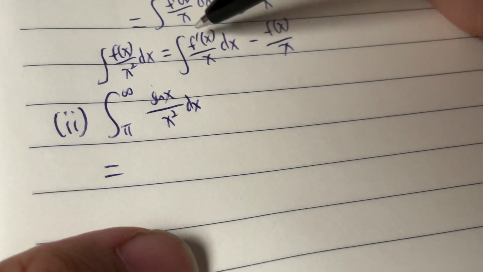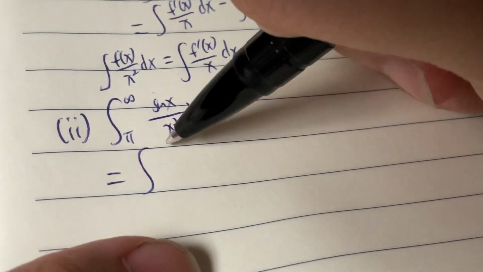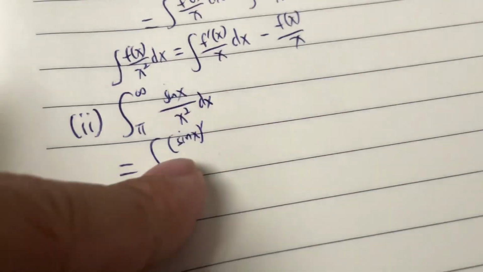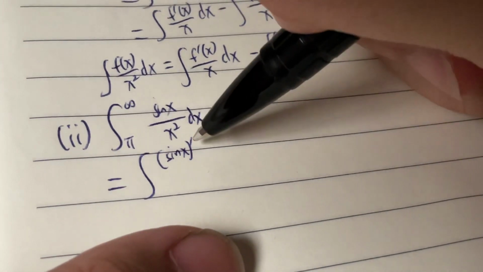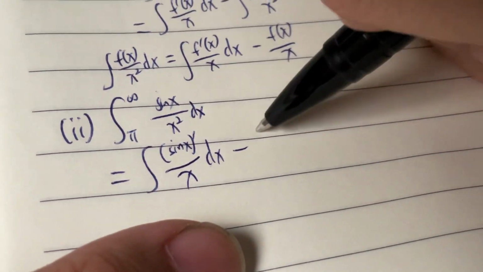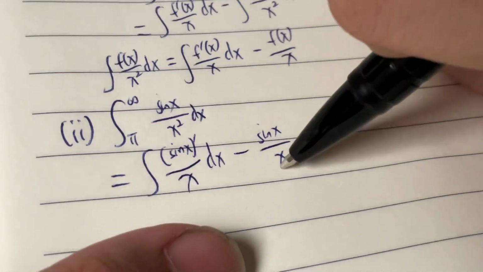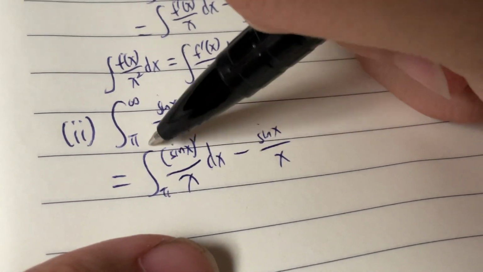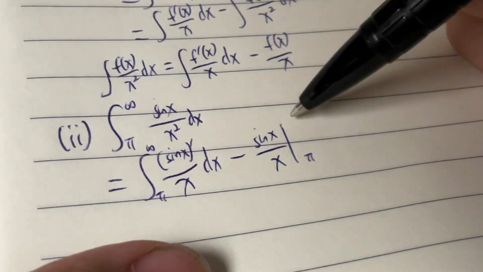You pretty much just have the integral of sin x times the derivative of x, dx, minus sin x over x. But don't forget about the lower limit and upper limit. And then plug it inside like that.